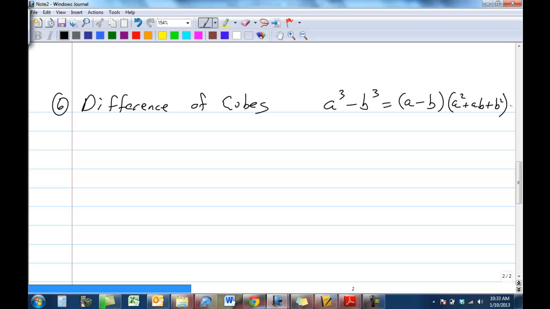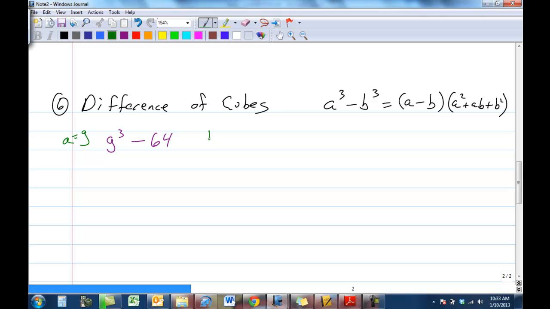All right, so let's do a quick example here. How about g cubed minus 64? All right, so again, I like to identify what a and b are going to be. If g cubed is a cubed, then a is g.